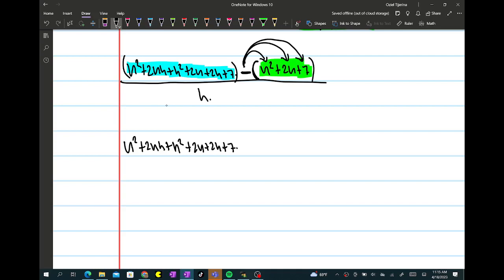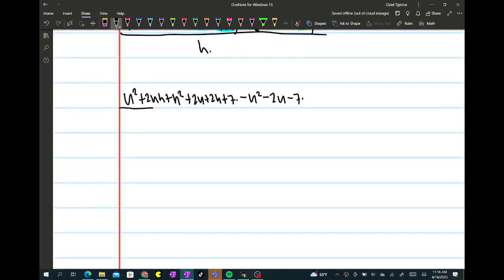And then this is going to be minus u squared minus 2u minus 7. So really the negative distributes all over in this part here. And then again, all over h. So that is what that part is.